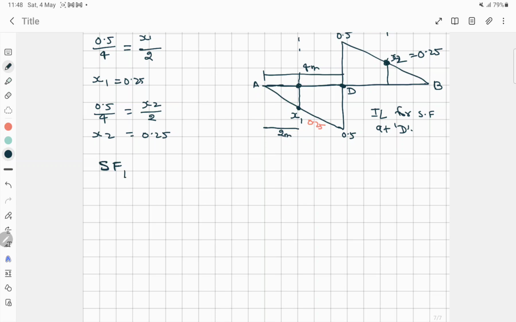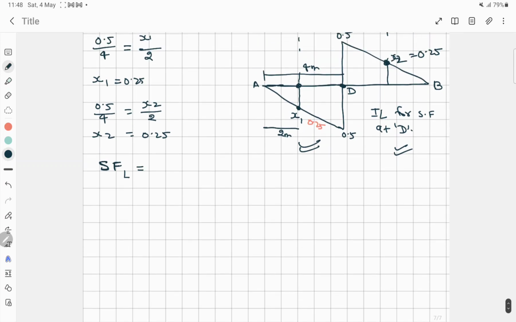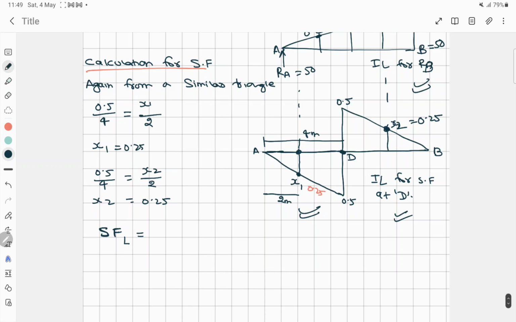First we'll find for the left hand side, this side, and we have to find for the right side as well. So now we'll find the shear force from the left end. Here also we have to take the load, multiply the load with the ordinates.